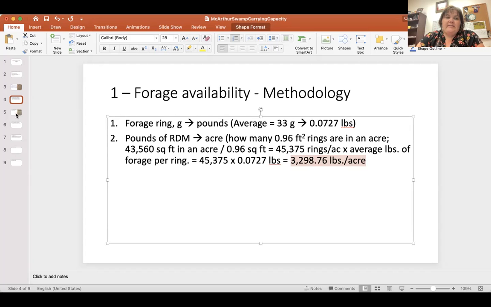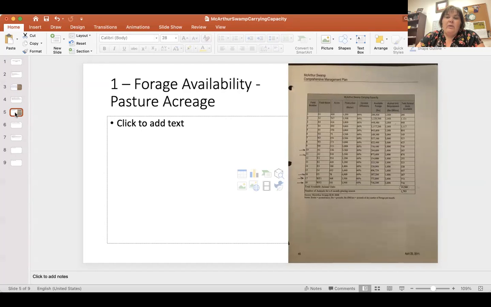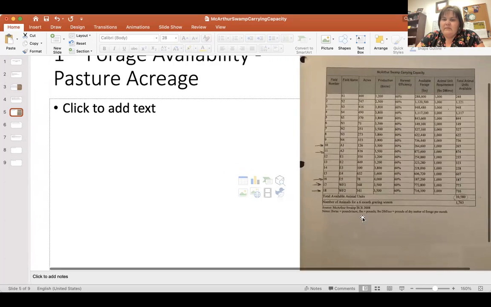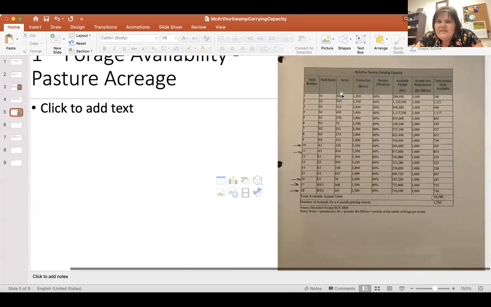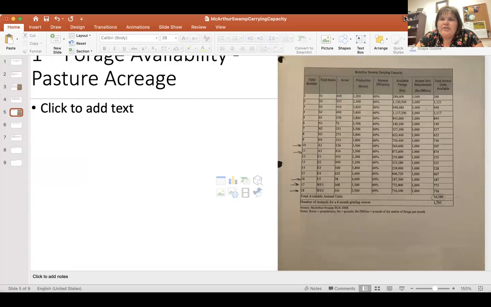All right, so our next step is to then look at pasture acreage, okay? Because we're going to take that 3,200 pounds and then multiply it by the number of acres that are in the pasture. And so I had to search high and low for this because I didn't have it. So this is out of the original ranch management plan. And so we are looking at, there we go, pasture S2.